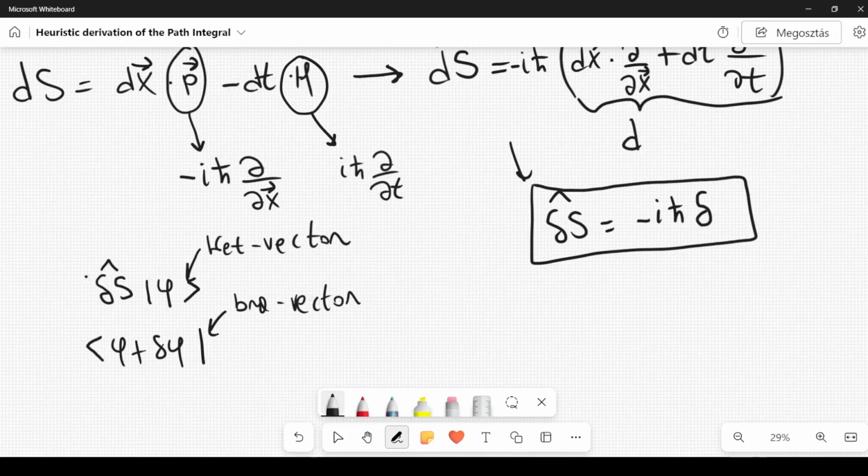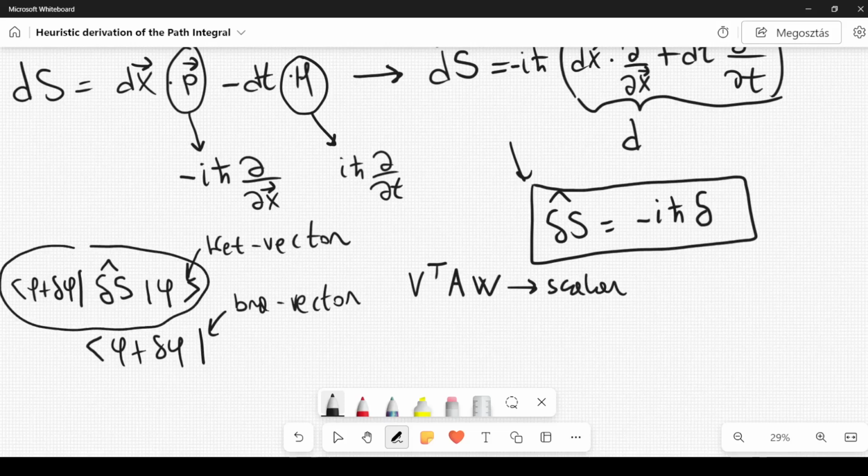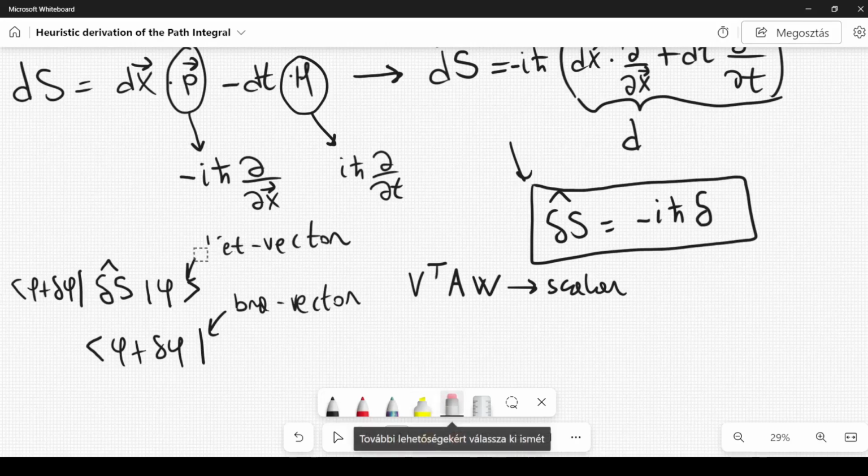So the inner product is row vector phi plus delta phi, operator, and then you have a column vector. So for example, in linear algebra, you see something like a vector transpose, then you have a matrix A, and then you have another vector. This will give you a scalar. So what we are going to get from this is a scalar. Now let me cancel this.